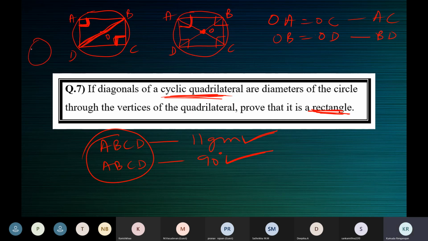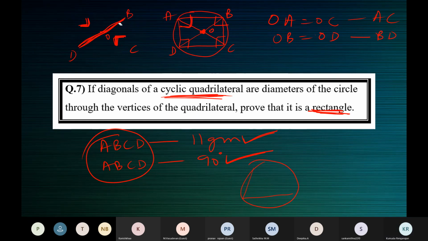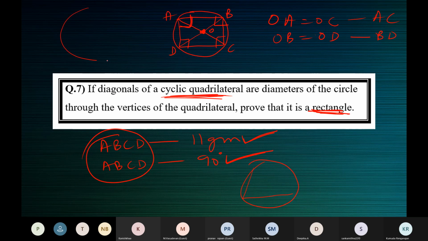Or if you take the other diagonal, same thing. Angle in a semicircle is a right angle. Angle B is 90, D is 90.